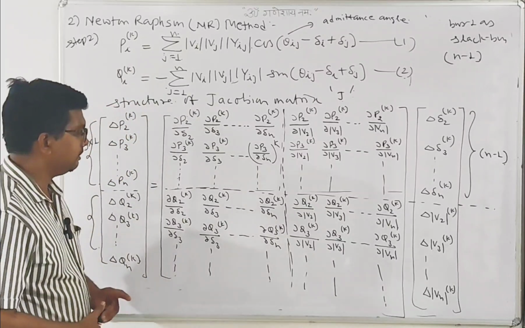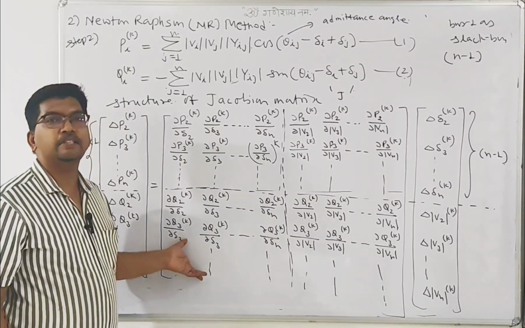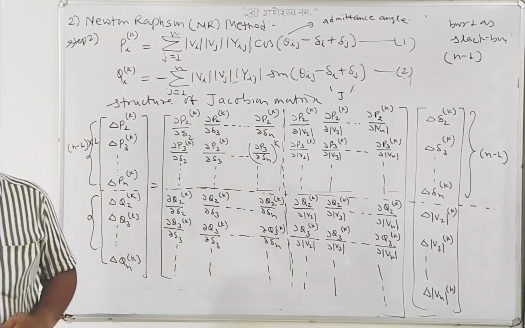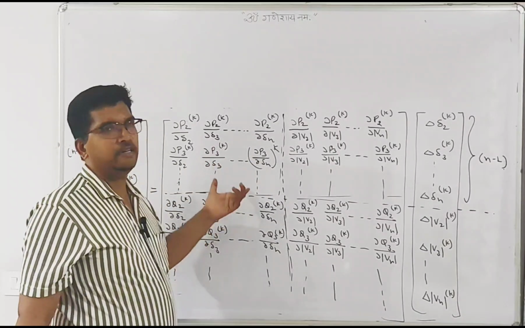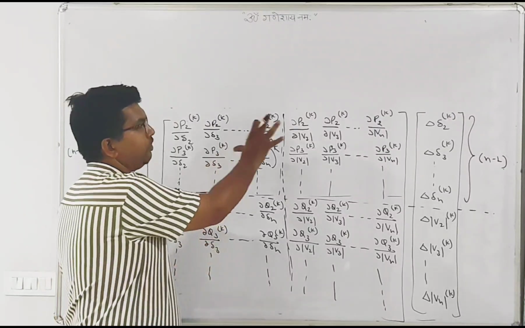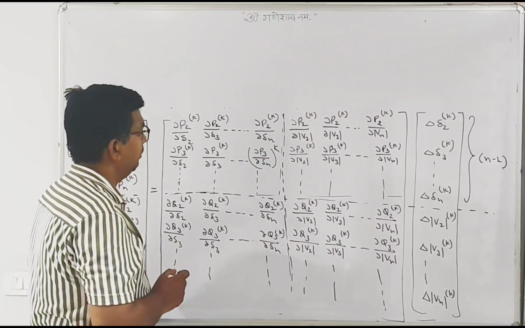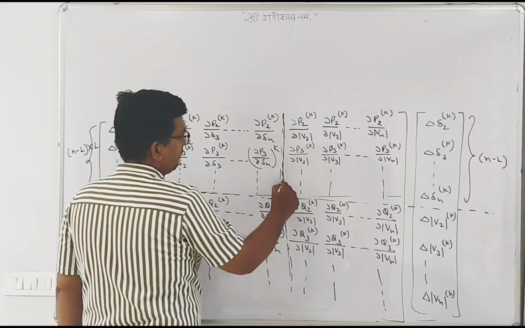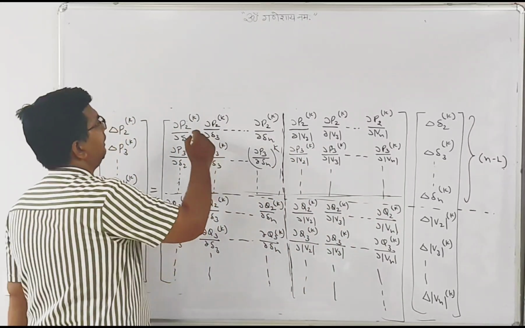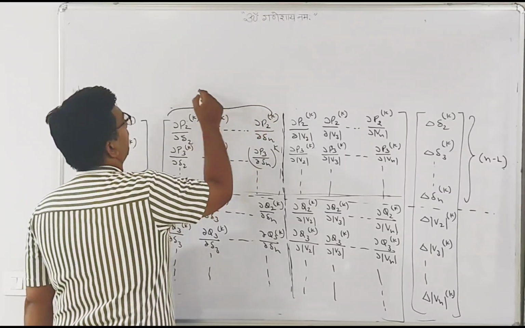We will be discussing the elements of the Jacobian. So this is the complete Jacobian matrix. Now I have divided this Jacobian matrix into 4 parts. This part is called J1.